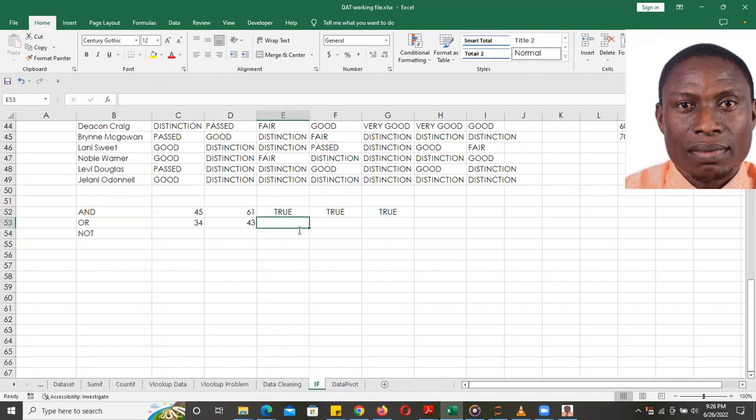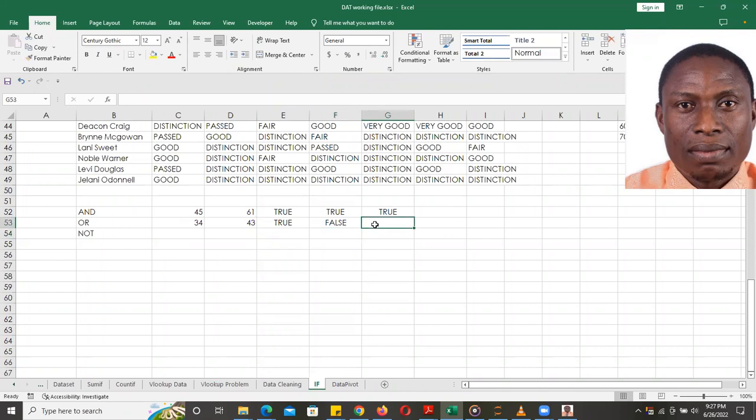Okay? But in the case of the OR function, OR will only be false when the two conditions are false. So let me show us. This guy is less than this guy, which is true. Then this guy is less than this guy, which is false.